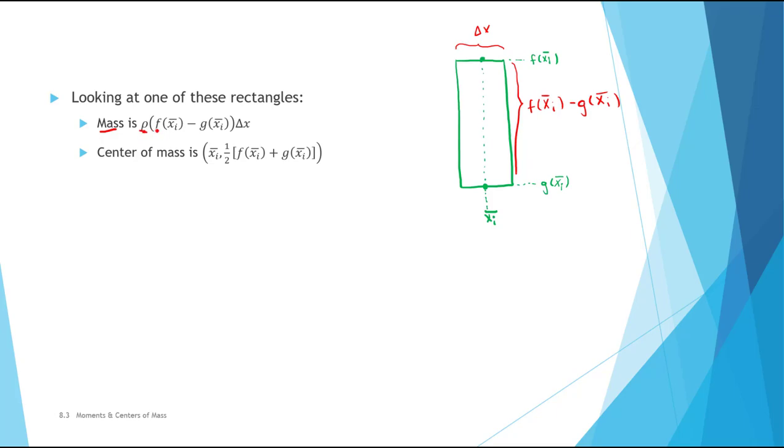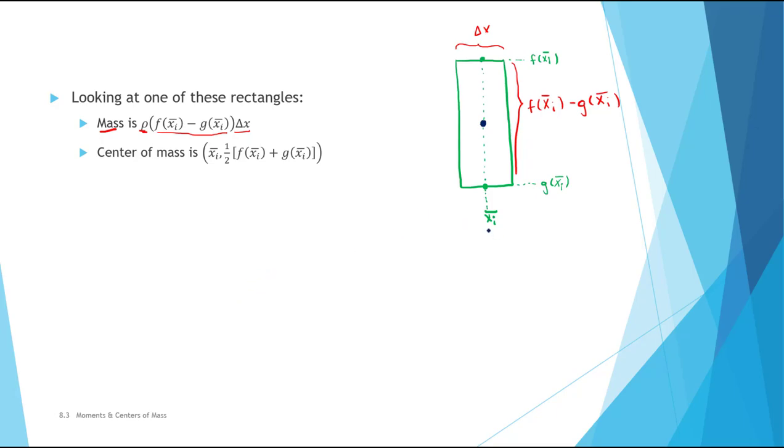So the mass is rho, the density, times the height, f of xi bar minus g of xi bar, times the width, delta x. To find the center of mass, we just need to find the geometric center of the rectangle.